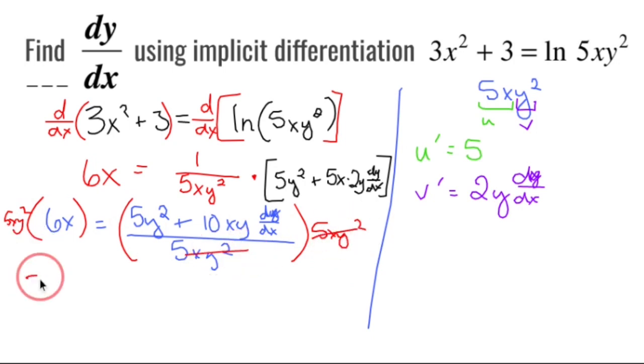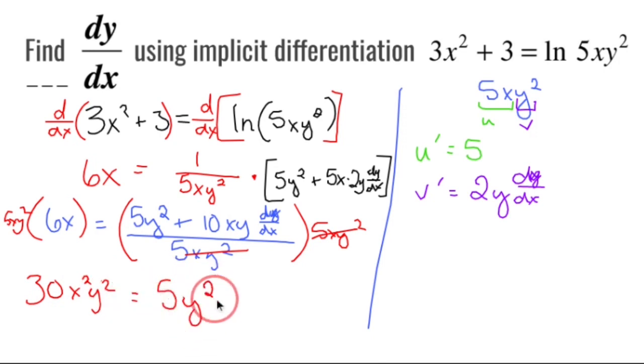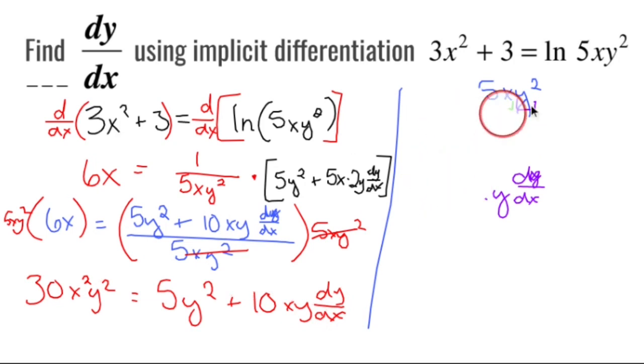So I have 30x squared y squared, equals 5y squared plus 10xy dy/dx. All right, let me remove this mess over here so I can finish out the problem.